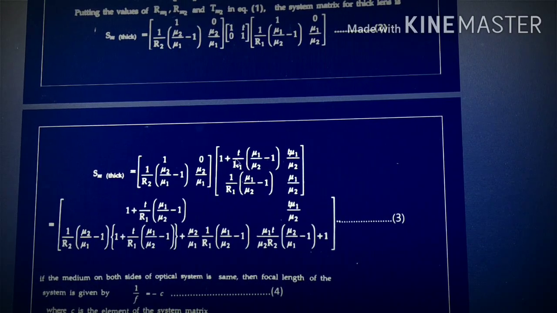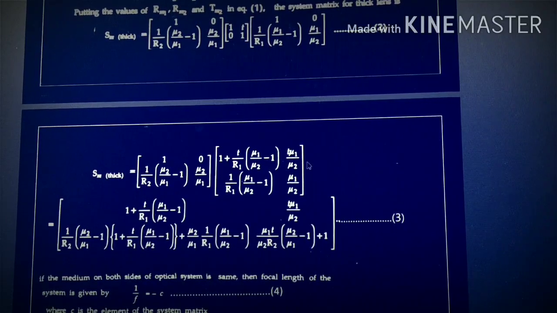So we get 1 plus t by r1 into mu1 by mu2 minus 1. The next one is first row second column: 1 into this, the value is t into mu1 by mu2 plus 0 into this, which is 0. So now the total value is t mu1 by mu2.